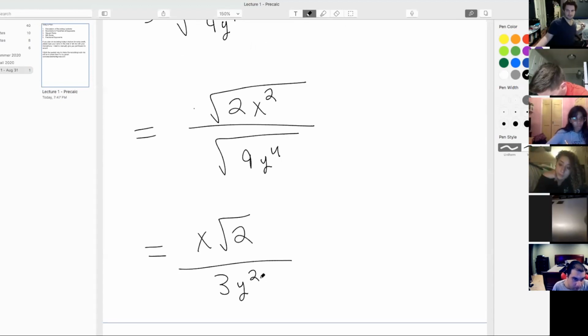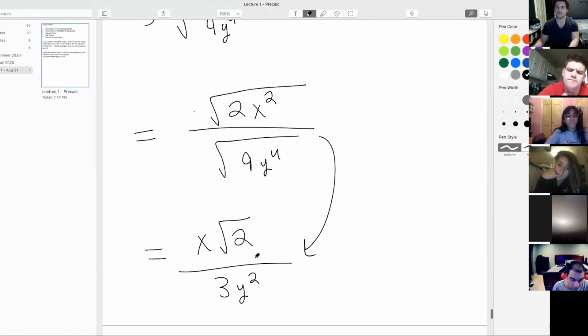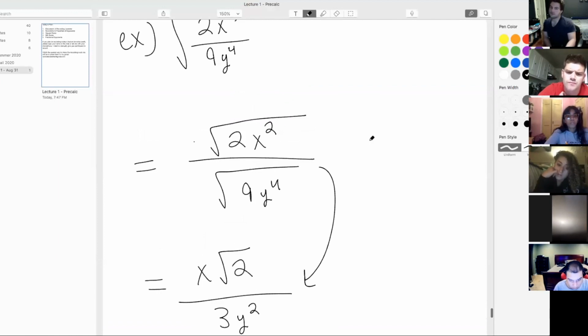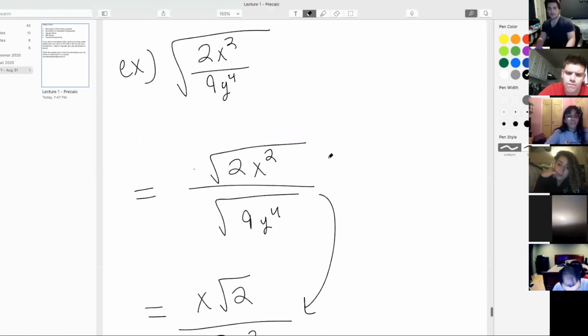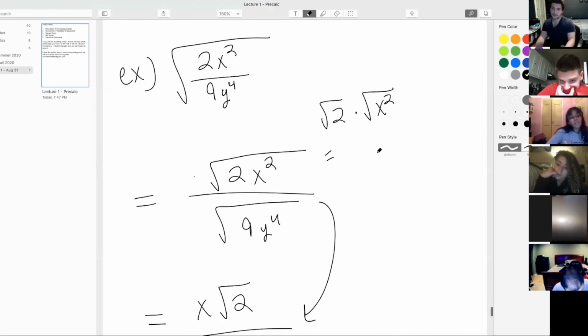I did skip some steps from here to here, but I hope we're okay. If anyone wants me to explain from here to here, please let me know. Yeah, definitely. Just quickly off to the side, the numerator is the square root of 2 multiplied by the square root of x squared, by the property.